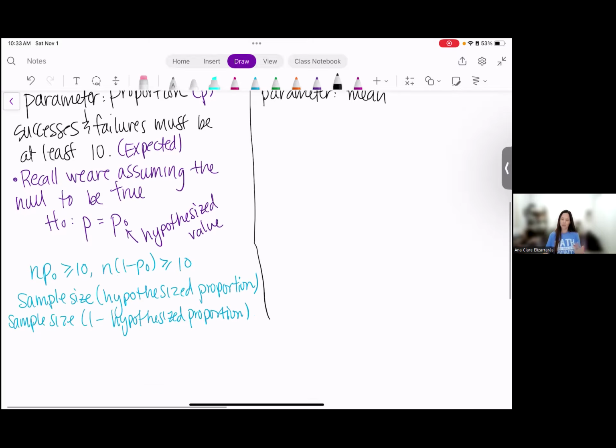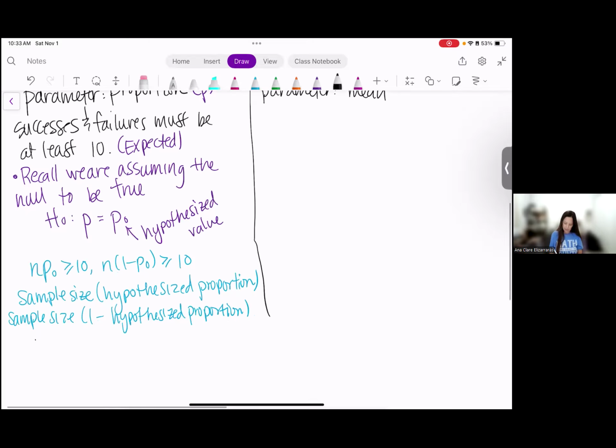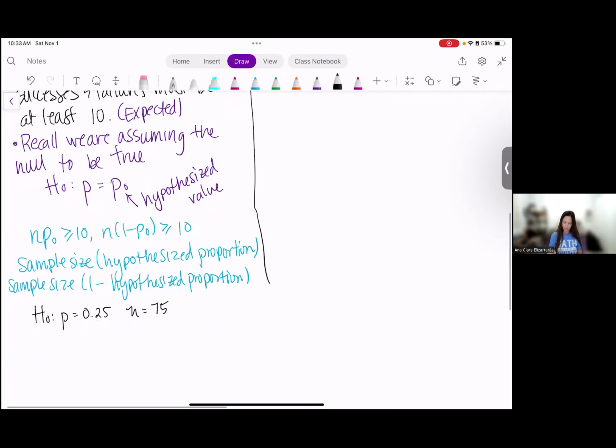So let me give you an example. Let's say I'm claiming that 25% of the population want it to rain today. And I sampled 75 of my students. Well, that's not really random, but let's see how we would check this.